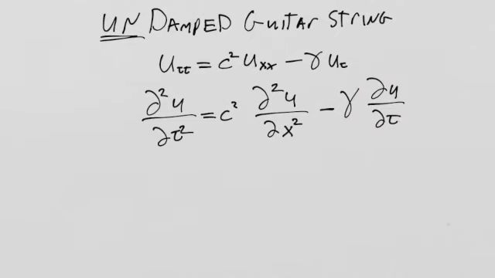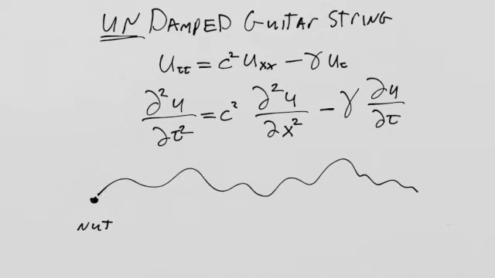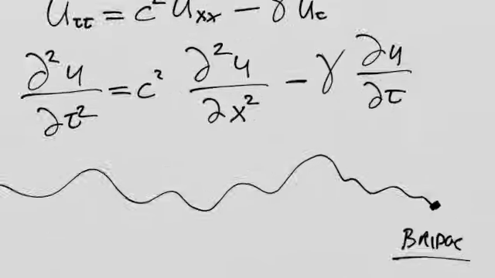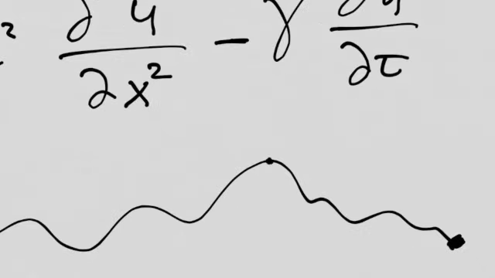So remember how our design was, right? We started with the nut, and then the string had some shape that we were able to calculate. And then over here is the bridge, right? So the guitar string, at every point on that string, say there's a point right here, that point is either moving up or it's moving down.